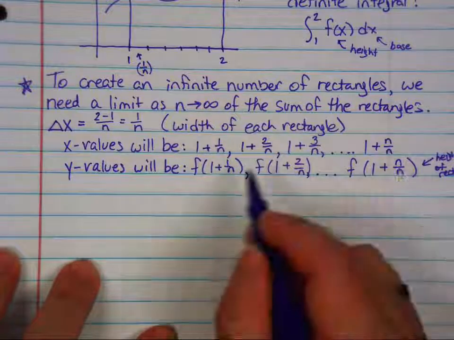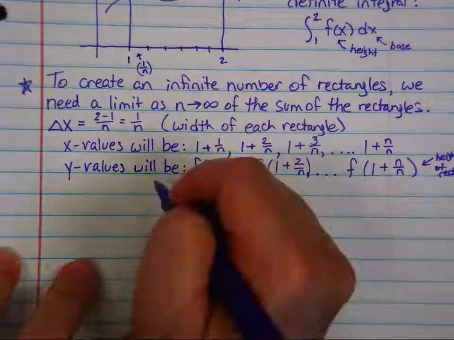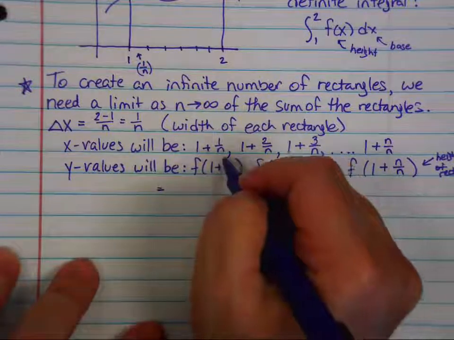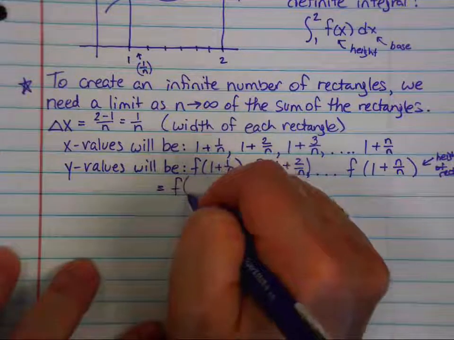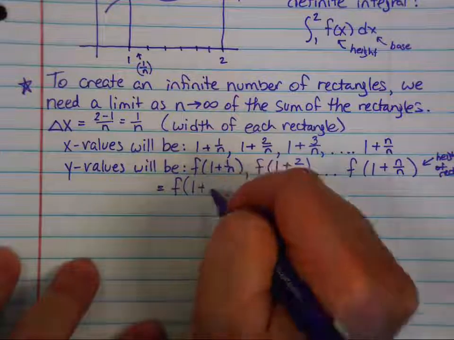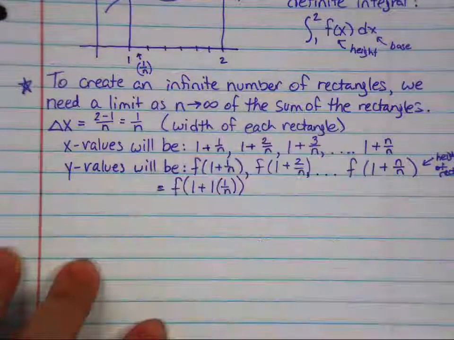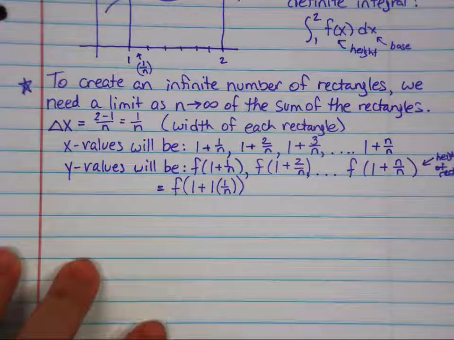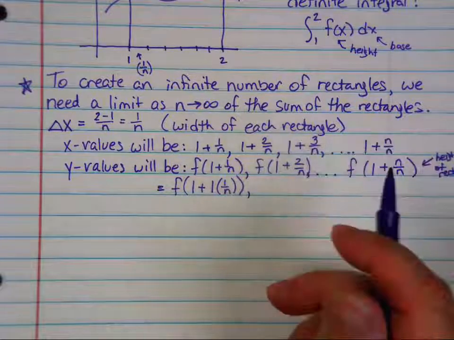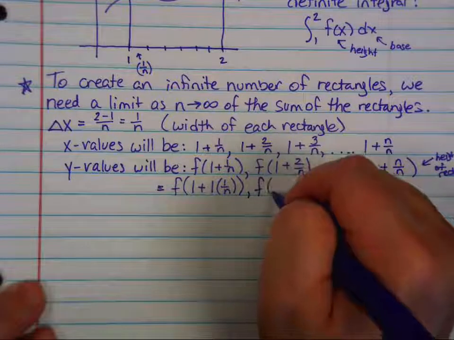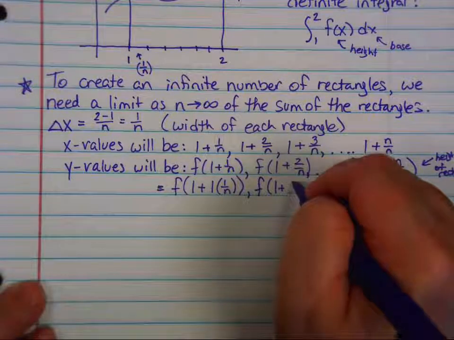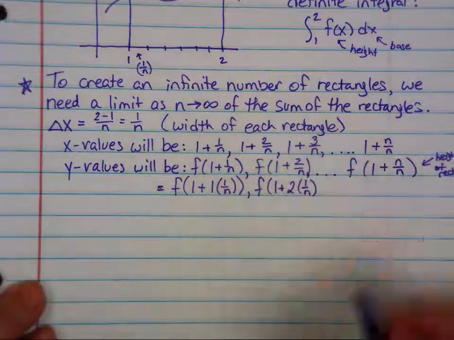So I need to rewrite this a little bit differently. So just bear with me. I'm going to basically factor the numerator off and write it like this. F of 1 plus 1 times 1 over n. Now that seems a little bit redundant, I know. But I'm doing this for a reason. f of 1 plus 2 times 1 over n.